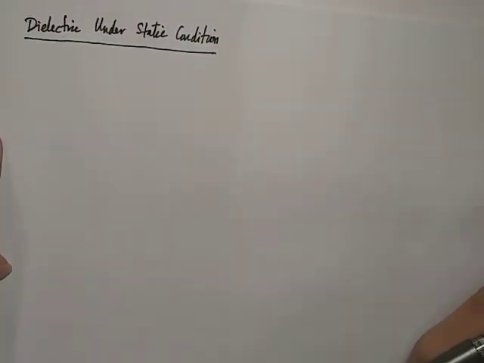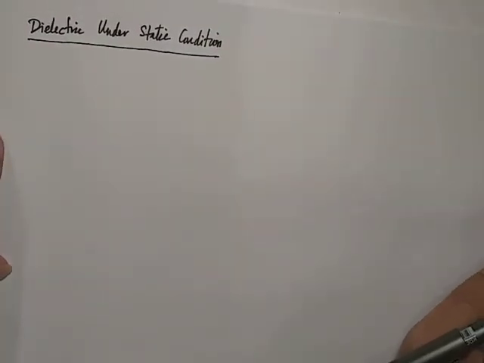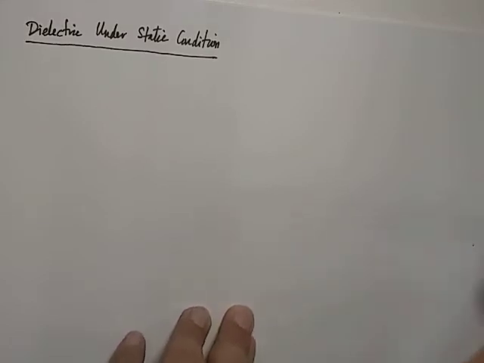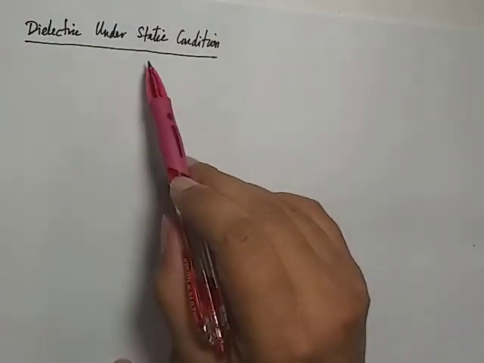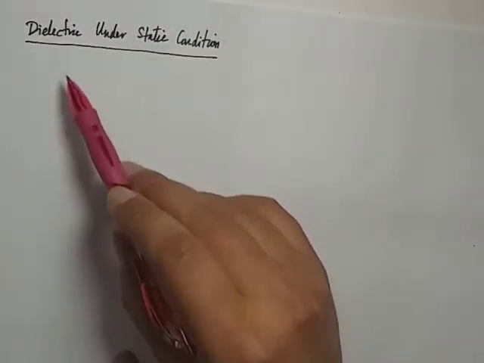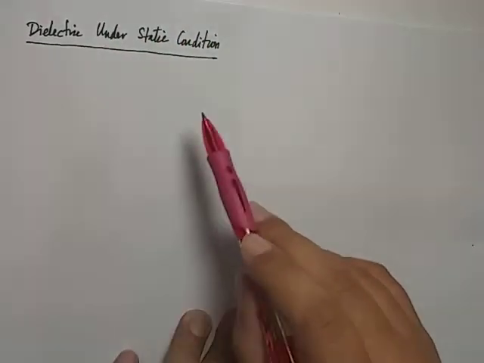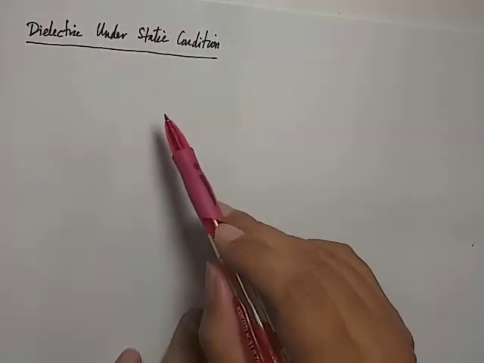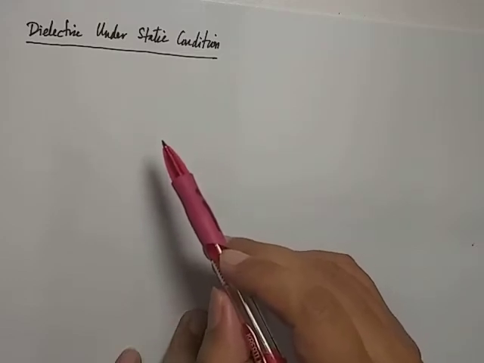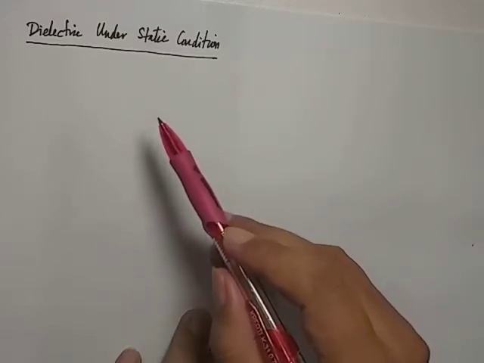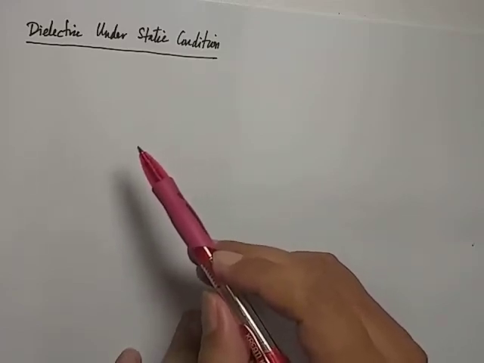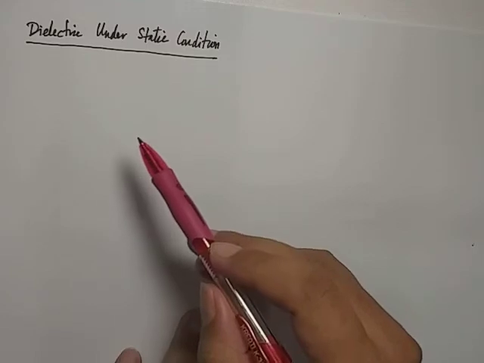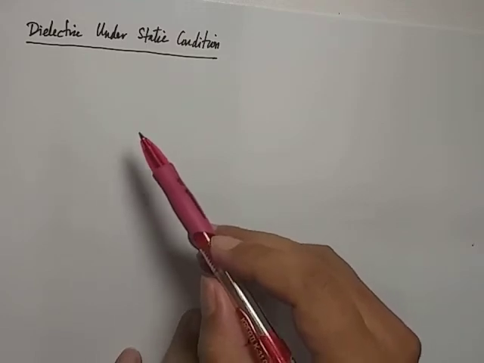I'm sure you have seen the same topic shown before, but in previous discussion, we focused on material known as conductor, conductor under static condition. I'm sure you can visualize our intention in this discussion. It is quite similar to the one we have seen before, but the only difference is the material of interest. Before, we talked about conductor, but in this session, we're going to discuss dielectric.